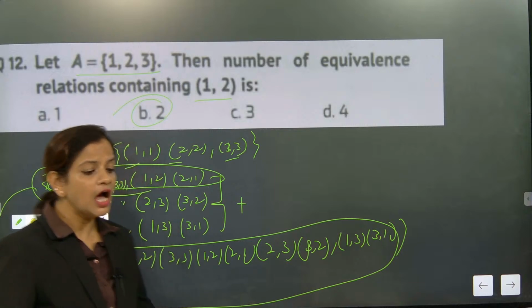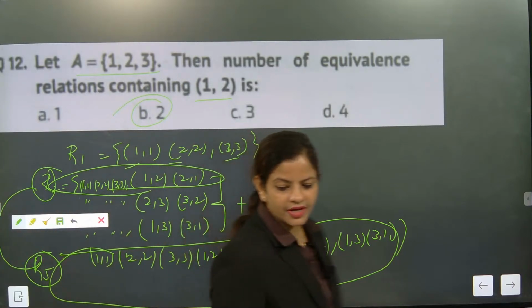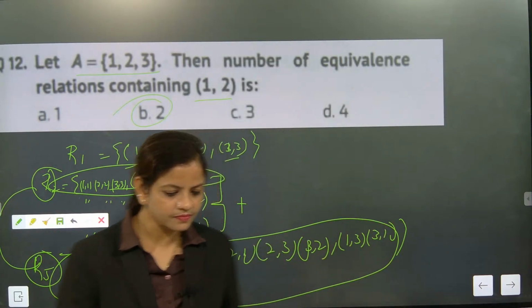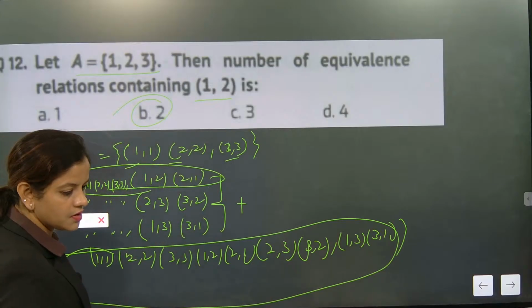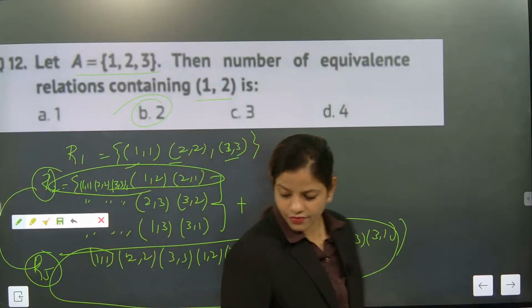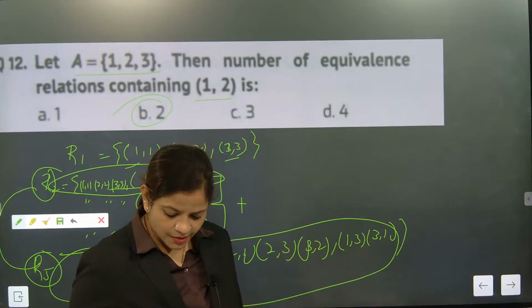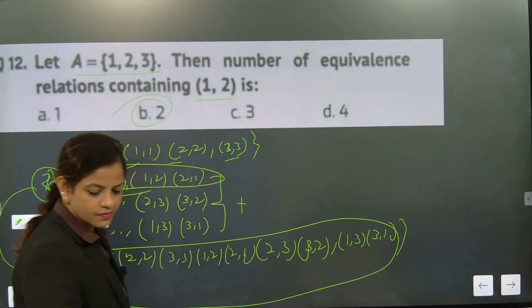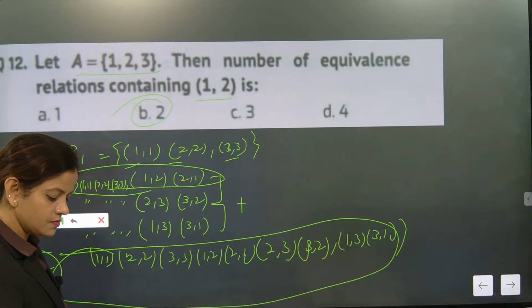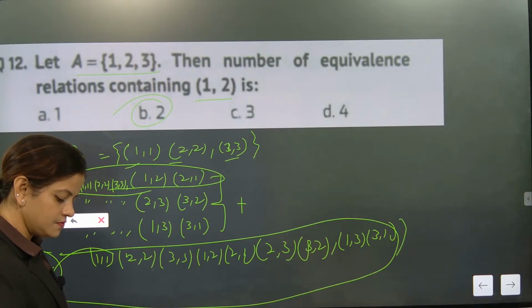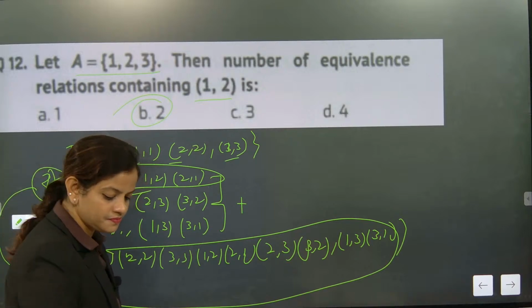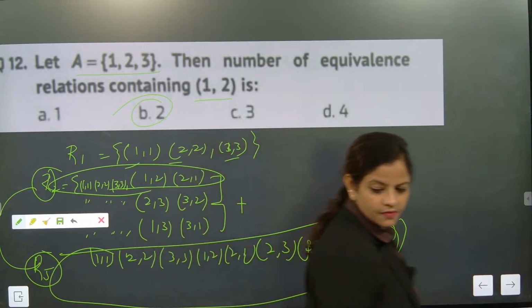Now if I ask, how many times 2 comma 3 is coming? So how many times is it coming?